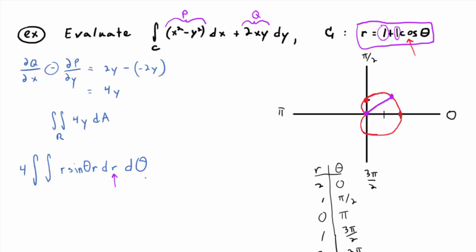We're looking for r values here. 0. And then what's the r value at the end given by? The function itself, its variable. So 1 plus cosine theta, the function that generates the curve itself. And then, what does theta have to run from for the outer limits of integration to trace out that entire cardioid? 0 to 2 pi.